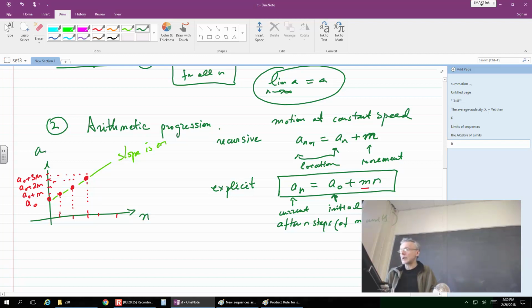So what remains is the limit. The answer certainly depends on these two parameters, a naught and m. So the limit of a naught plus m n, as n goes to infinity. What are the possibilities?